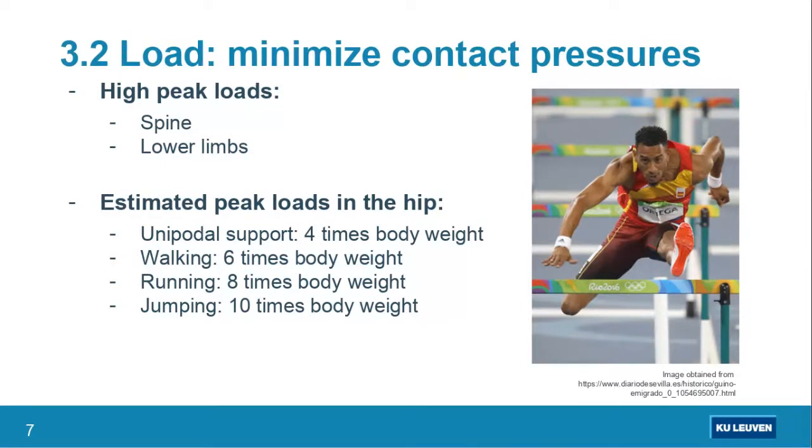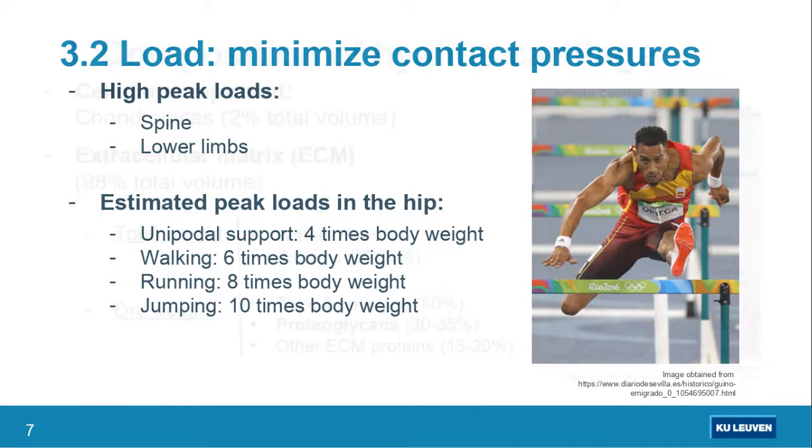For example, I have put here several examples of the peak loads that we can find in the hip. When we are walking, the hip has to withstand 6 times the body weight. And if we are jumping, the hip is going to experience forces of 10 times our body weight. So how is it possible that with all this loading or these impact forces, articular cartilage is not damaged and is still fine and healthy?